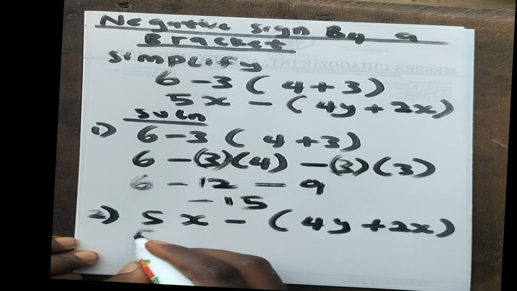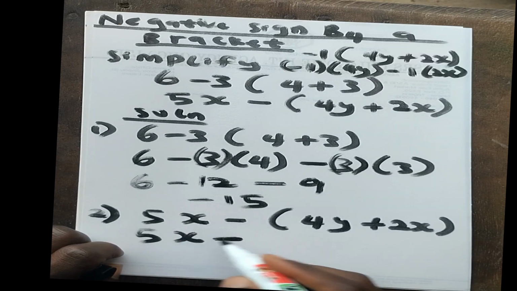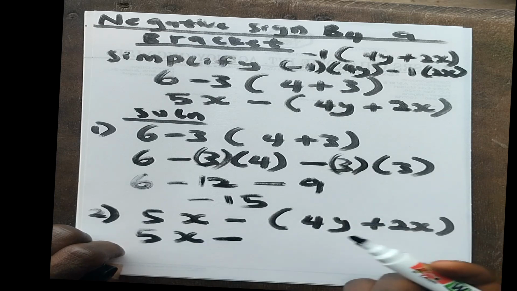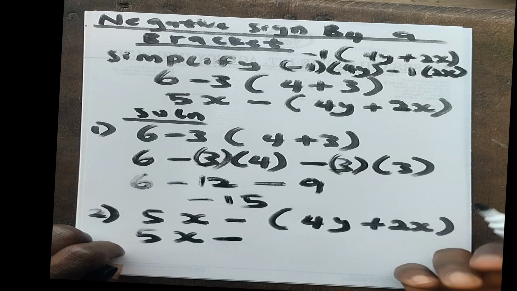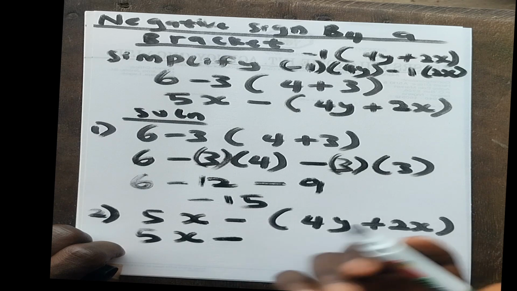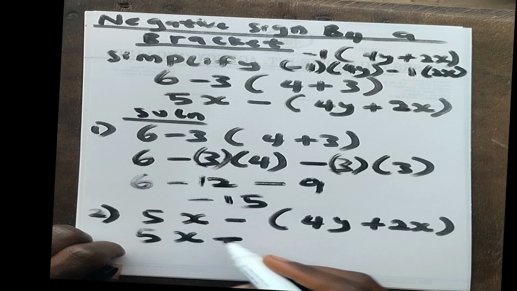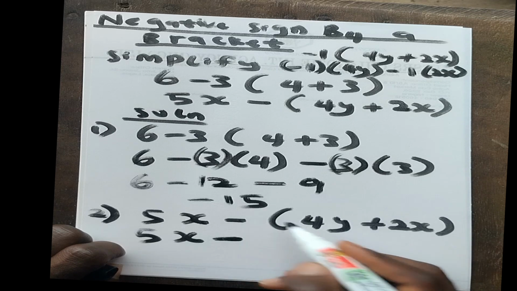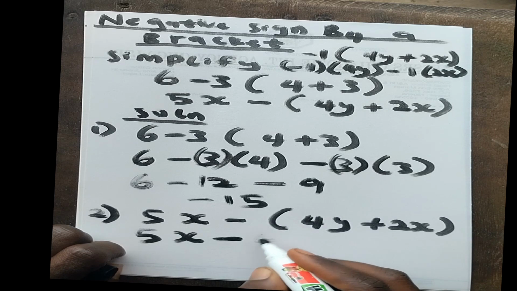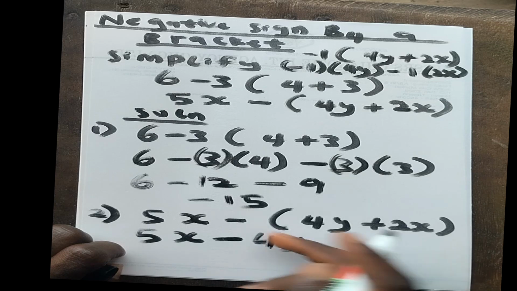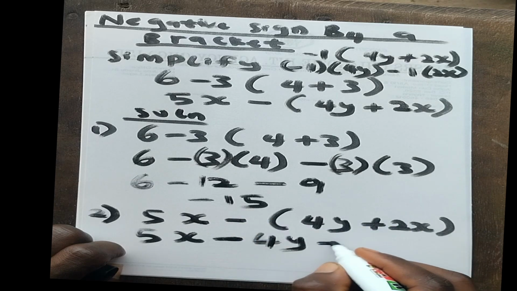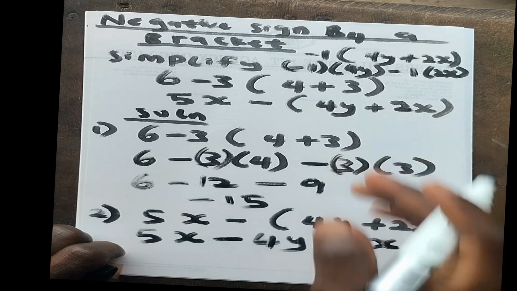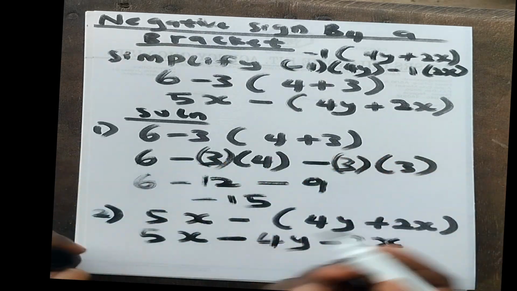Let's use the shortcut method. This is 5x minus; we assume there's a plus there. Minus times plus is minus, so that is minus 4y. Minus times plus is minus 2x. Instead of doing all those, you expand like a shortcut.